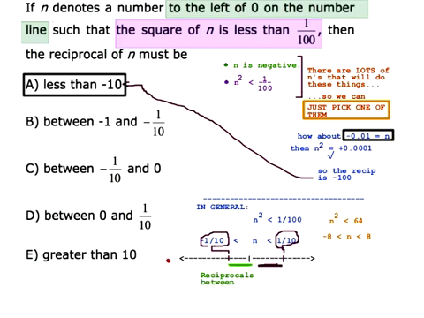Between -1 and -10. And then these ones which are ruled out of this problem are going to have reciprocals between 10 and infinity. So there you go.